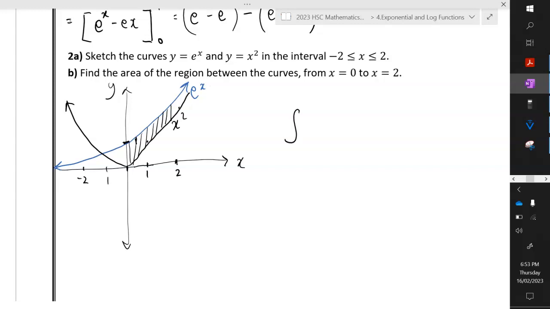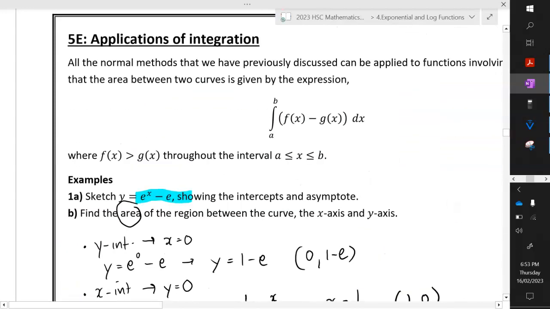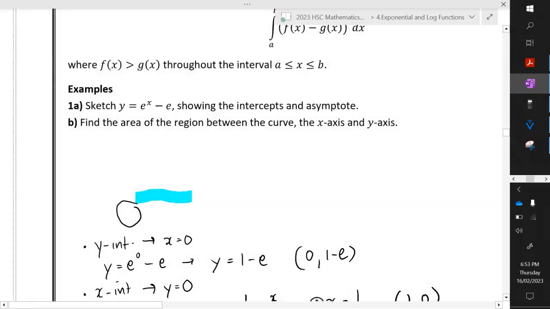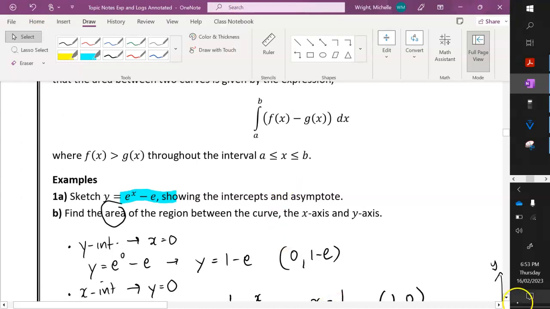In our interval between 0 and 2, if a curve sits above the whole distance along, which we can see, our e to the x always sits above x squared, so we can put our values to integrate as e to the x minus x squared dx. And that's a nice, simple way. And we've got that written up here. Okay, if you've forgotten, that's what we're doing. Okay, let's jump back down the bottom and answer that.